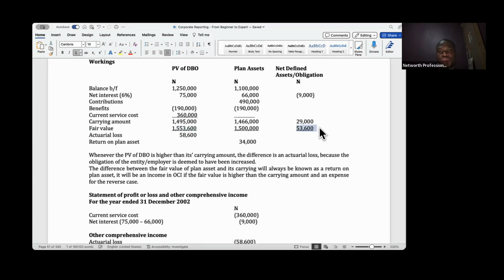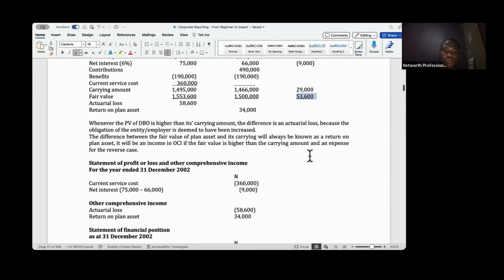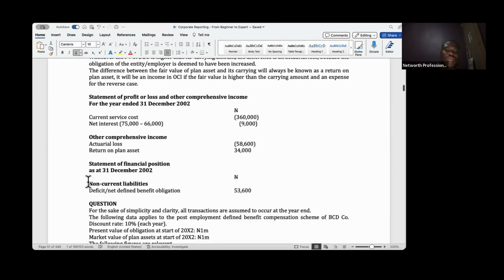Since my obligation is higher than my asset, I am owing more than what I contributed so far. That is a deficit, which we would also call a net defined benefit obligation. And that is why I am putting it under non-current liabilities, coming in as a deficit or a net defined benefit obligation in the amount of 53,600. And that is the end of this question.